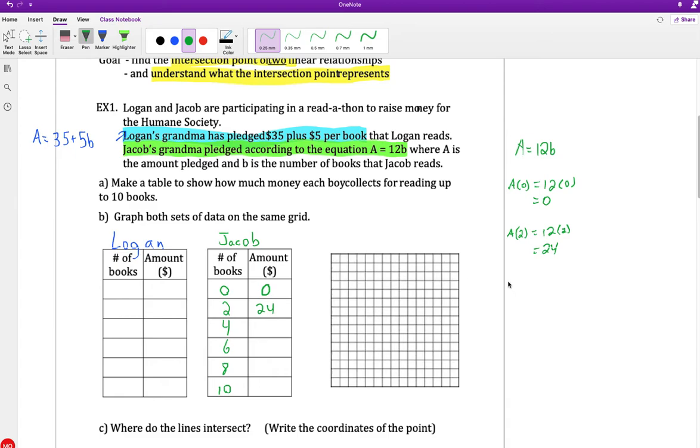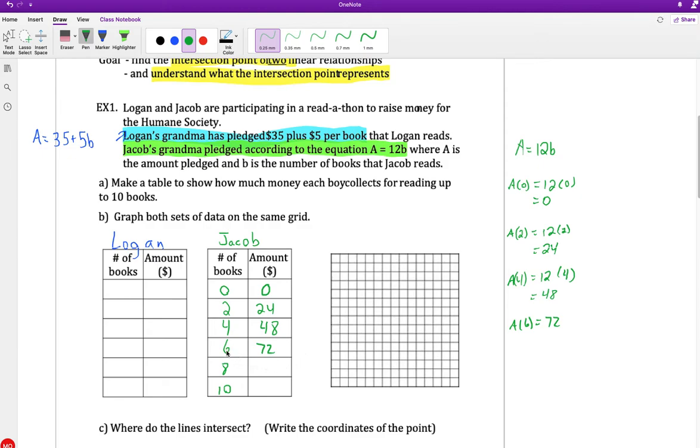If he reads 4 books, it's 12 times 4, which is $48. We can keep going. 12 times 6 is 72. Now if you look, we're going up by 24 each time, so you can guess what the next one is going to be.